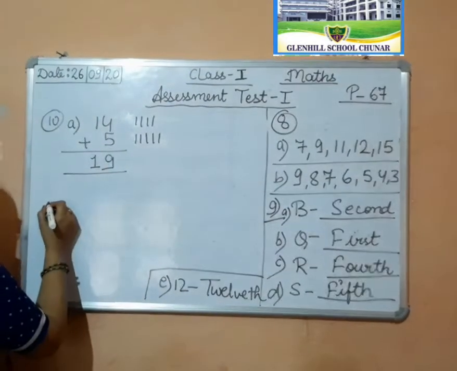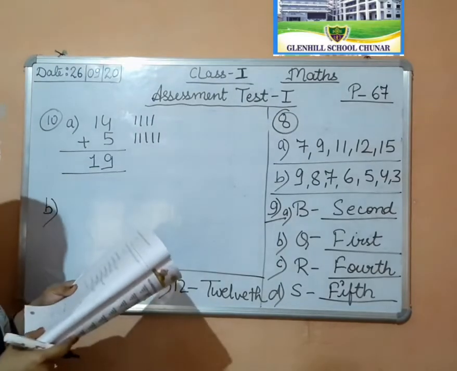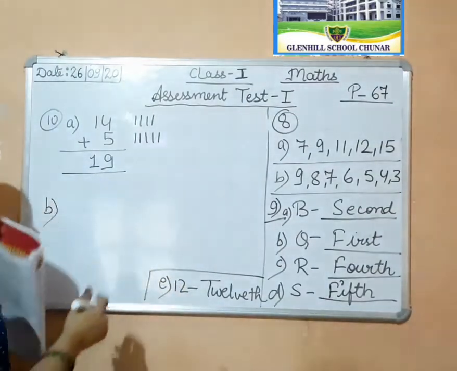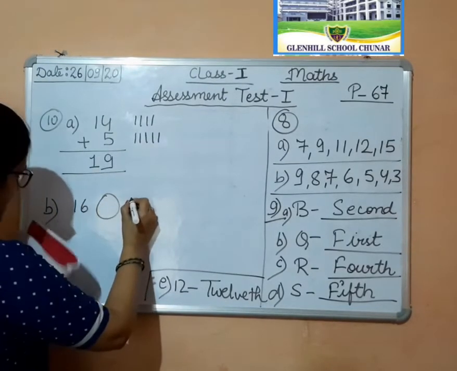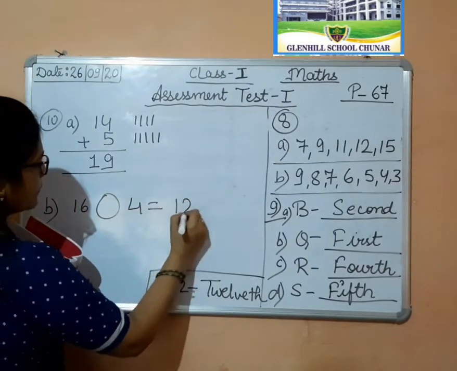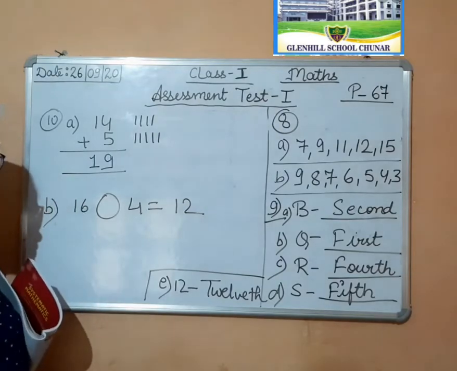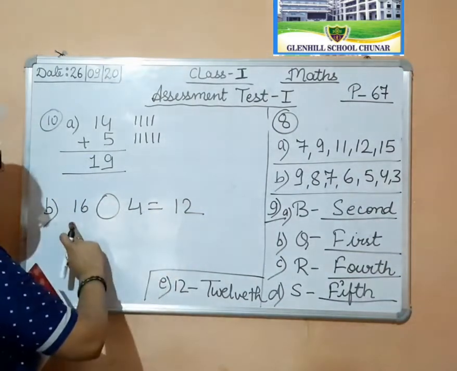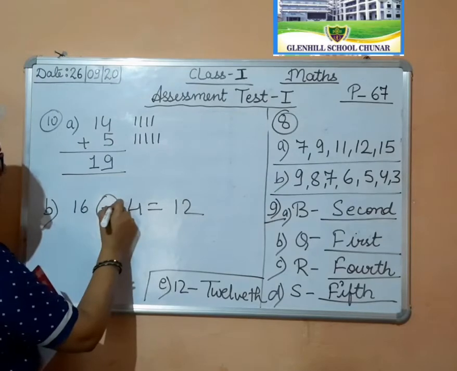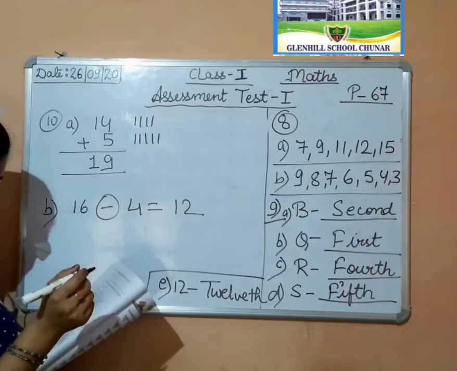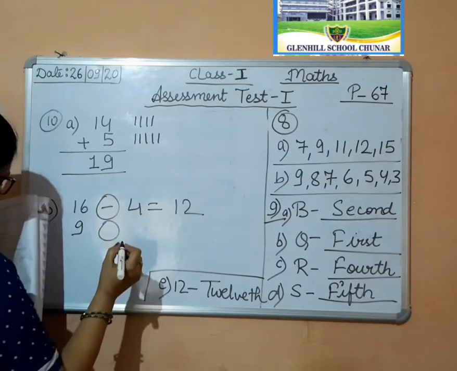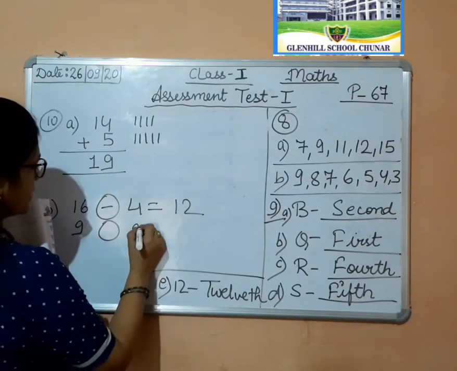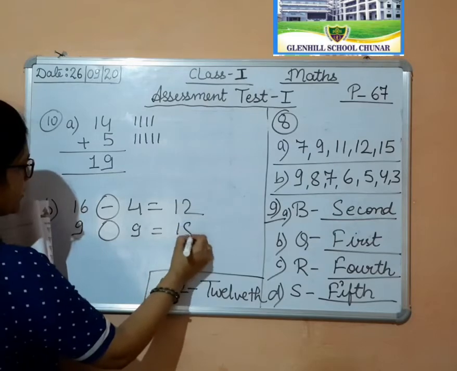And B. In B what do you have to do? Put plus or minus in the circle. Okay, see 16 circle 4 is equal to 12. So what do you have to put here? It is less than this. So here you have to put the minus sign. Then 9 circle 9 is equal to 18.